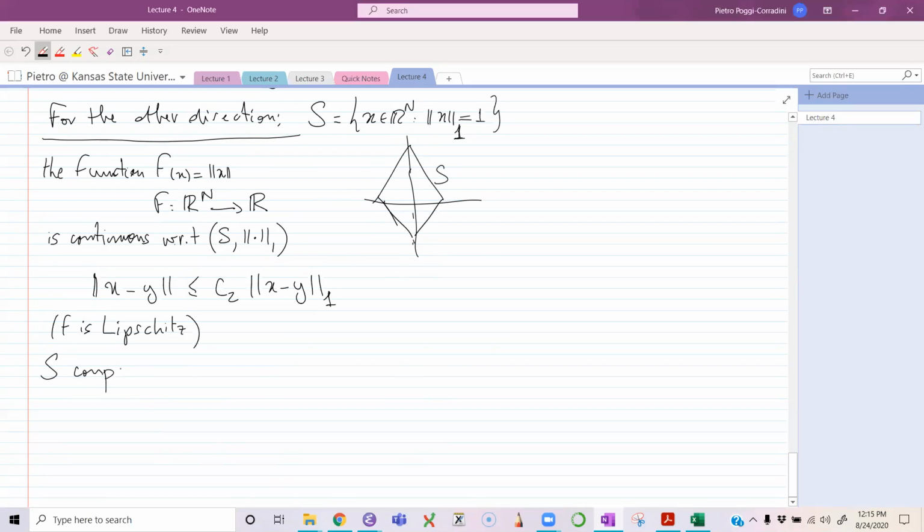So S is a compact set in Rn. And if you have a continuous function on a compact set, then it attains its minimum.